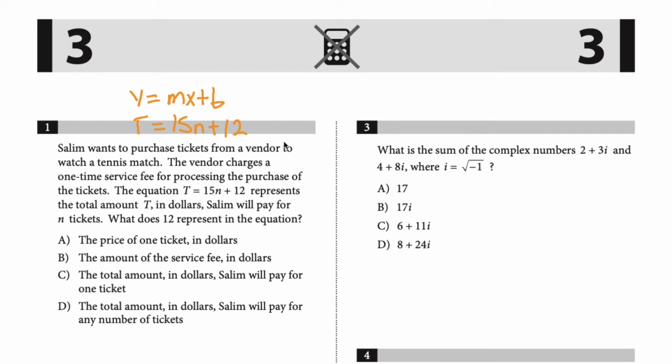So 12 is in the same spot as b, so we can say b equals 12. So what does b represent exactly? B is our y-intercept, but in the context of a real-world application, I like to think of it as the starting point.